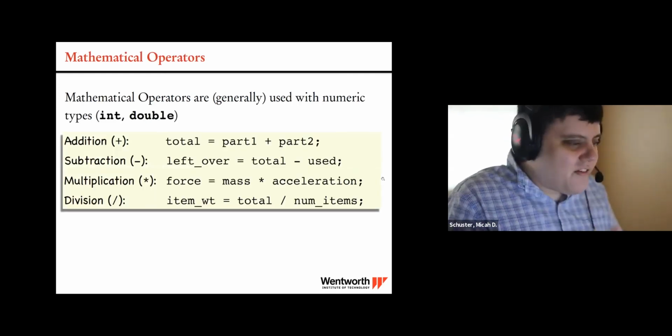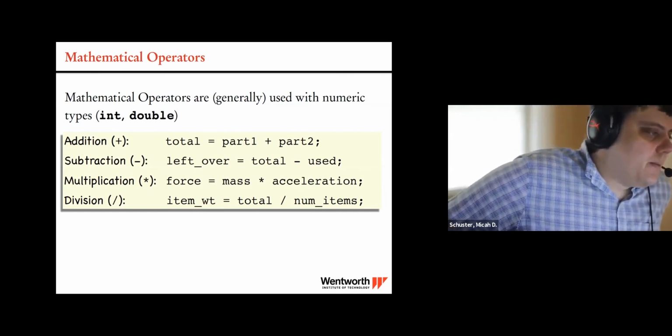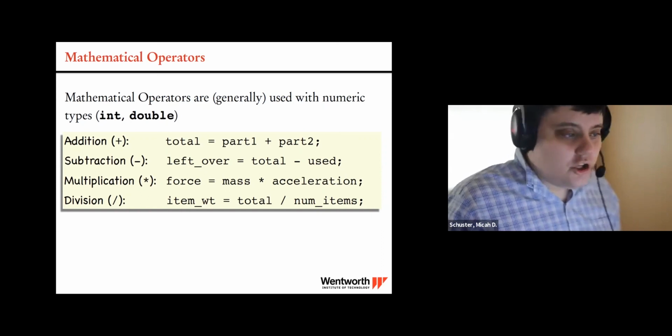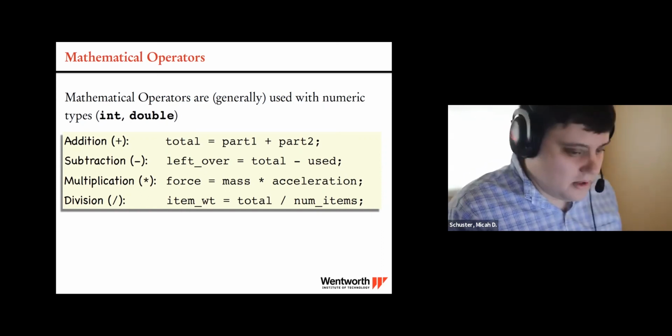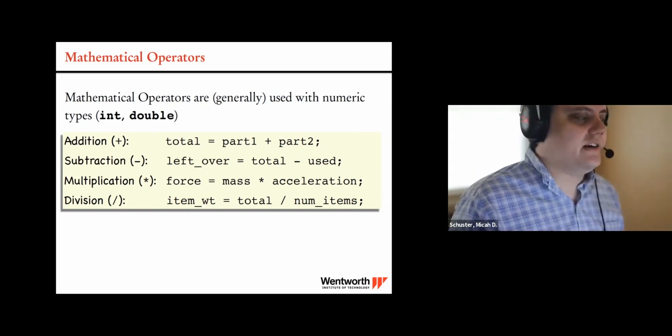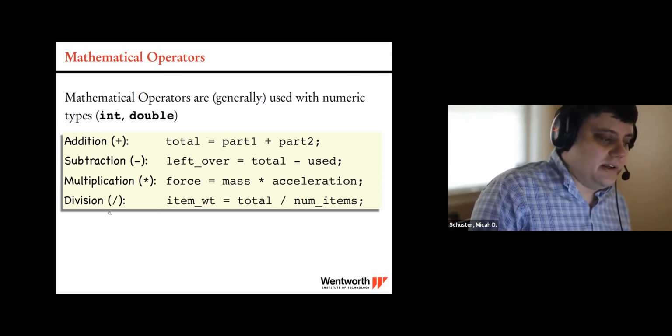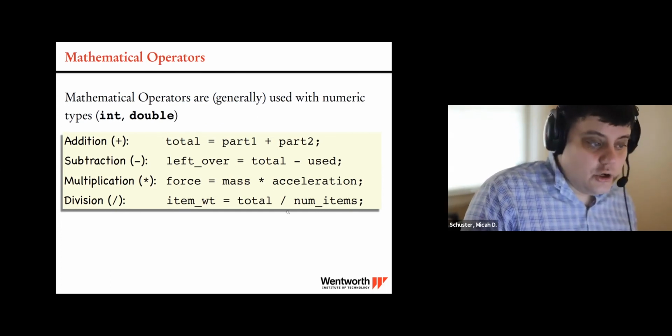All right, so we got about 5 minutes left, so I'll just do a little bit more. Mathematical operators. Generally, you use these with your numeric types. Not always, but generally you use them with numeric types like int and double. We've got your standard addition, subtraction, multiplication, division. They're used just like this.